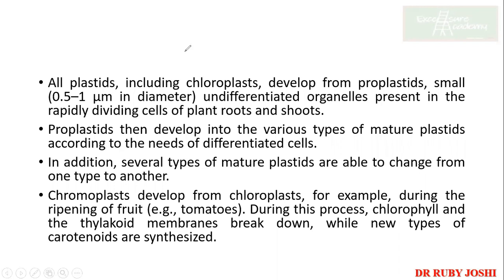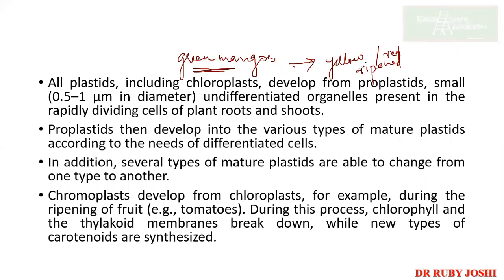So we have seen green mangoes, right? Recently also you must have seen. After ripening, they become yellow in color, right? So we say that they have ripened. In a few cases it will be yellow, a little reddish, whatever, depending on the type of mango. So we know that from green color it has converted to yellow. What exactly is happening over here?